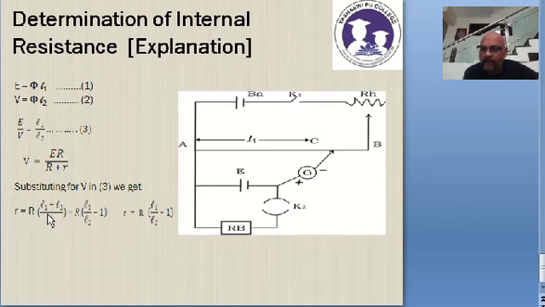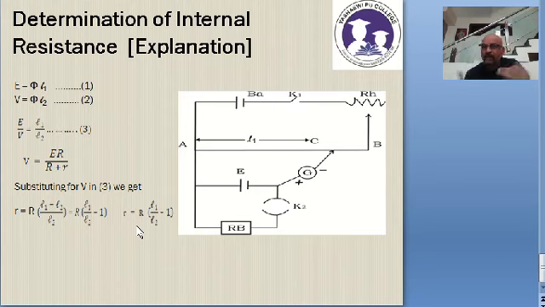Here L1 is the balancing length when K2 is open, representing the EMF of the cell, and L2 is the balancing length when both K1 and K2 are closed, proportional to the terminal potential difference. Rearranged, r is equal to capital R into (L1 by L2 minus 1). By knowing the values of R, L1 and L2, you can find the internal resistance of the cell.